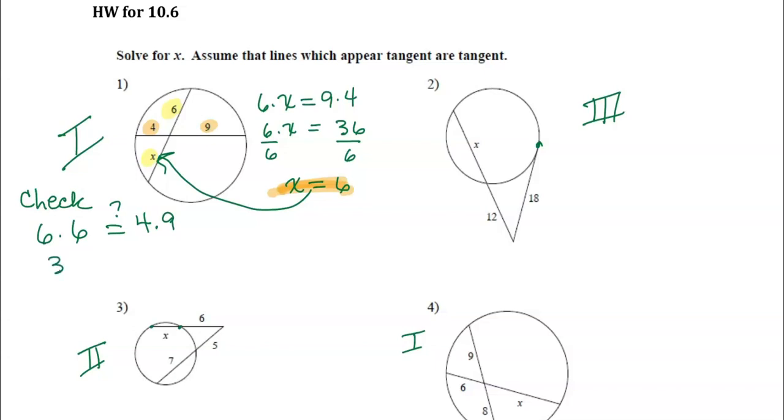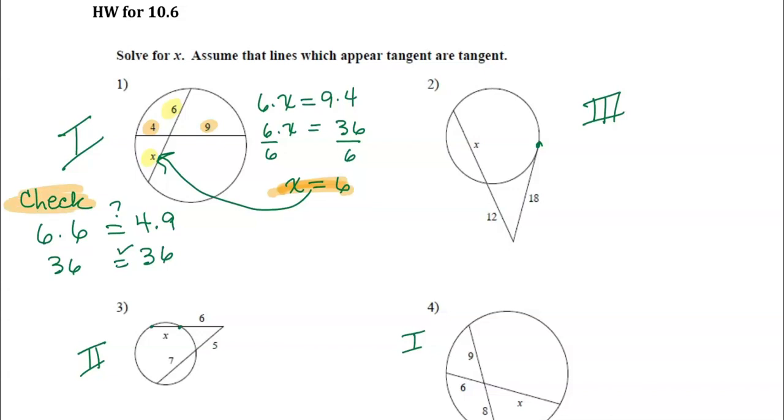So 6 times 6 is 36, and that does indeed equal 36. So we know that we are correct, and we've done this problem according to the theorem. Okay, so this is what I'm looking for. I'm looking for the answer, and I'm also looking for the check. So when we do our quiz, each will be worth 1 point. Okay, let's go on to the next problem.